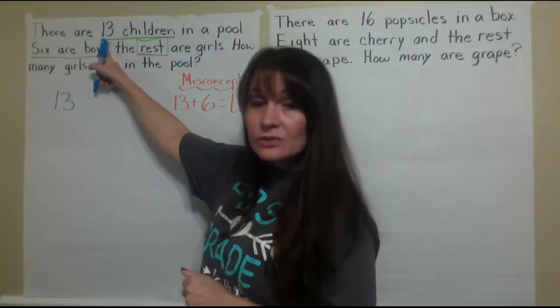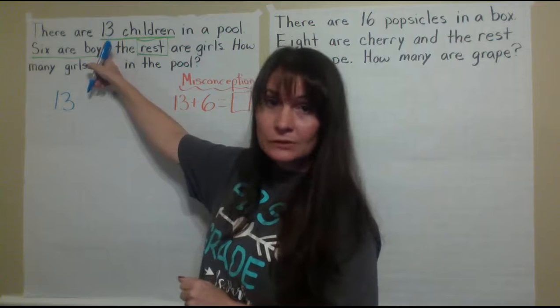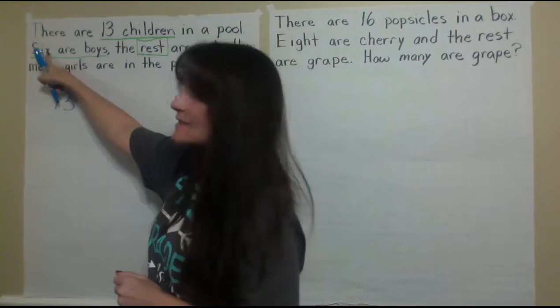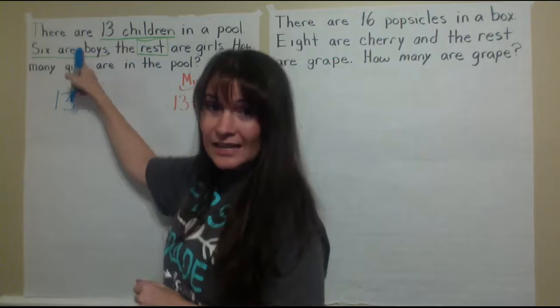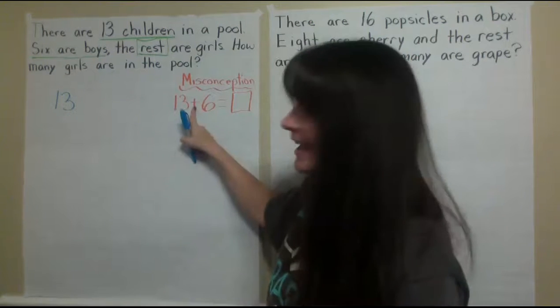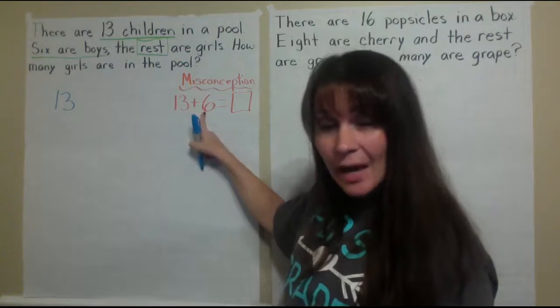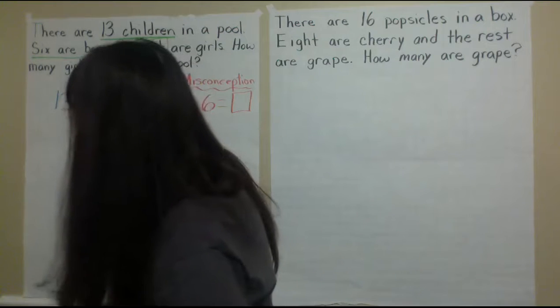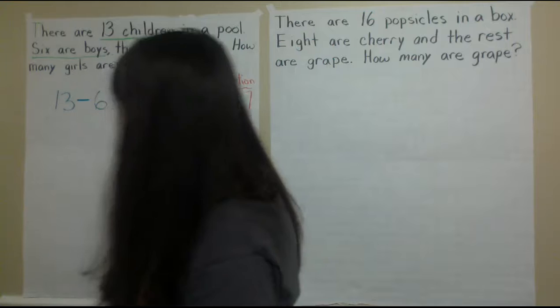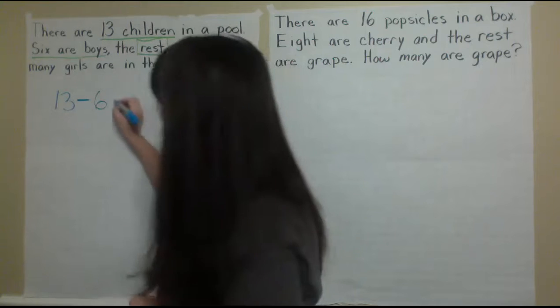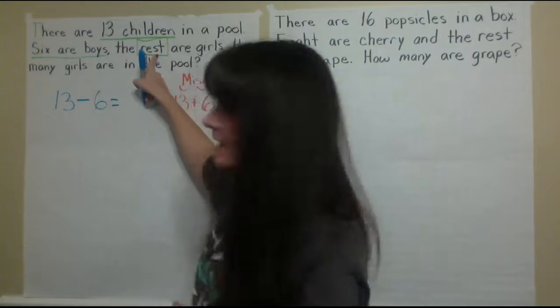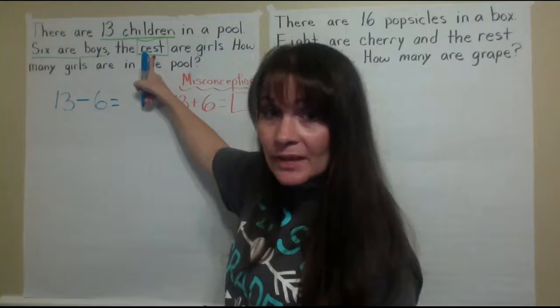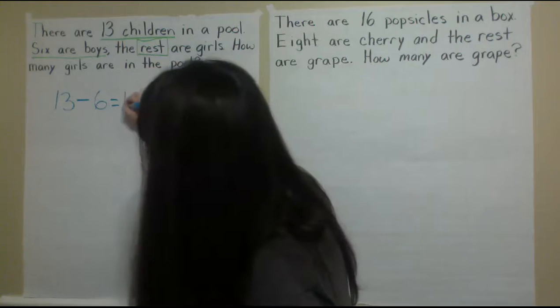No, because there's only 13 students in the pool. I do know that 6 of them are boys. And since I already know I can't add that 6 because that would give me more than 13, then I know that I'm going to subtract that 6. And if I subtract that 6, it's going to tell me how many are left to be girls.